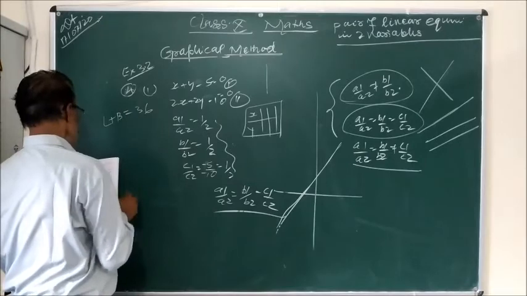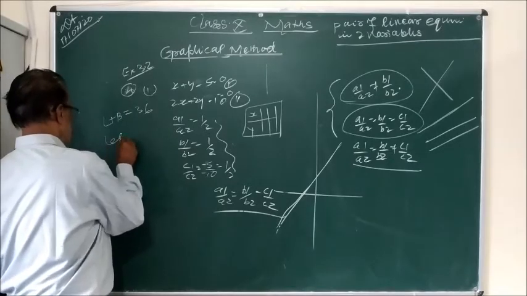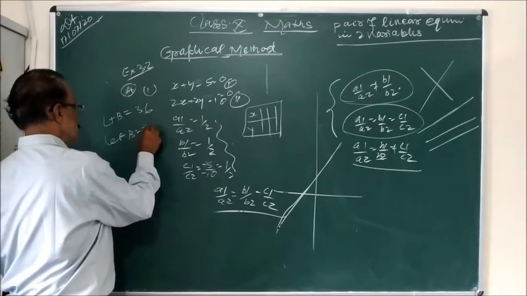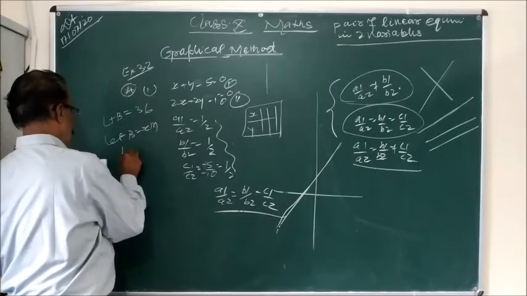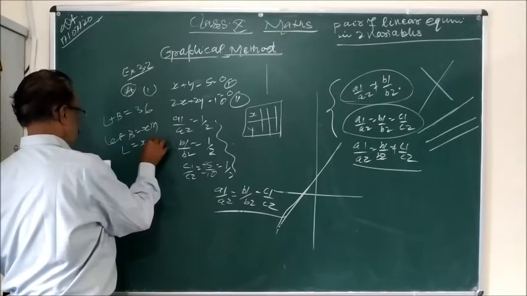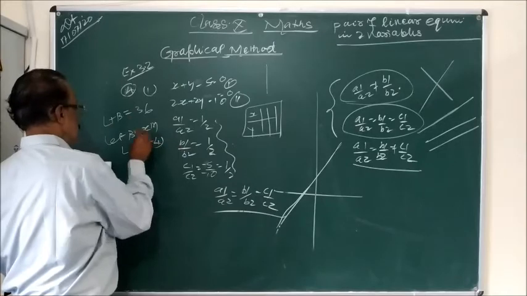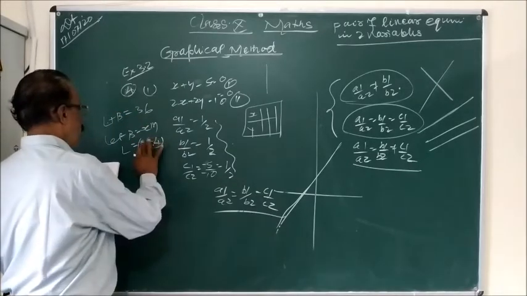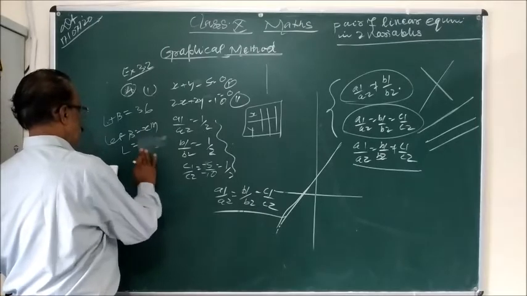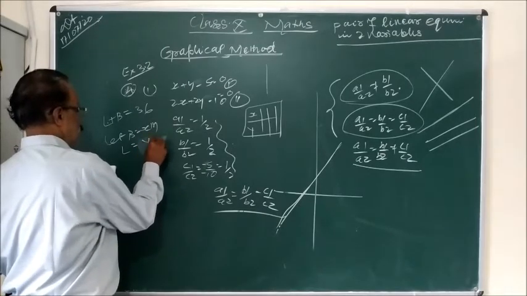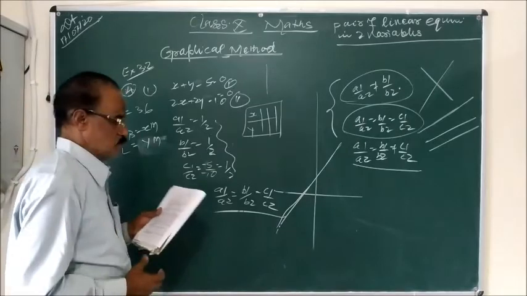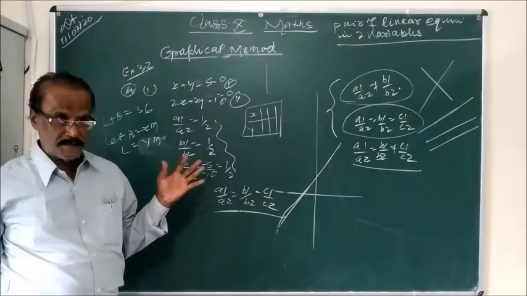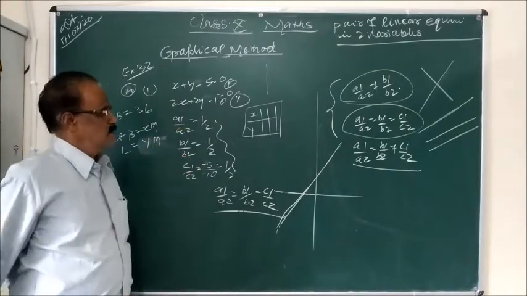Breadth is equal to x meter. Length will be x plus 4 according to the given condition. So this plus this is equal to 36. Otherwise you can suppose length is equal to y meter, and you form the two equations and you will get the values.